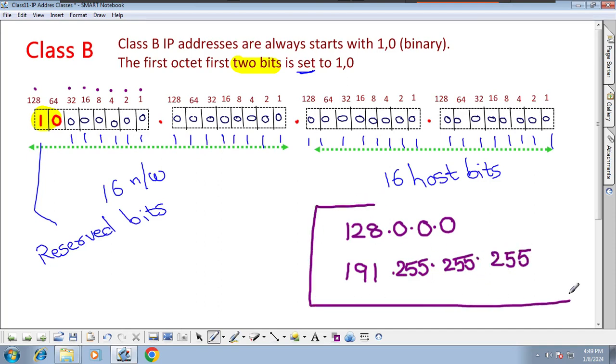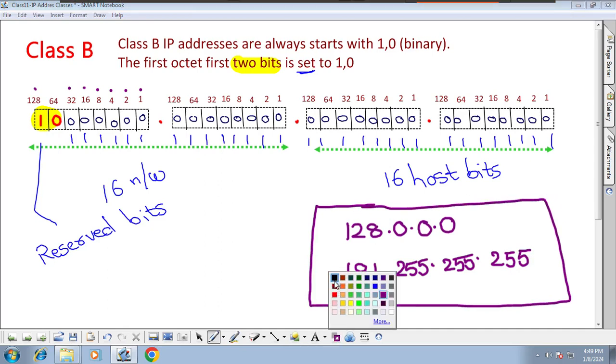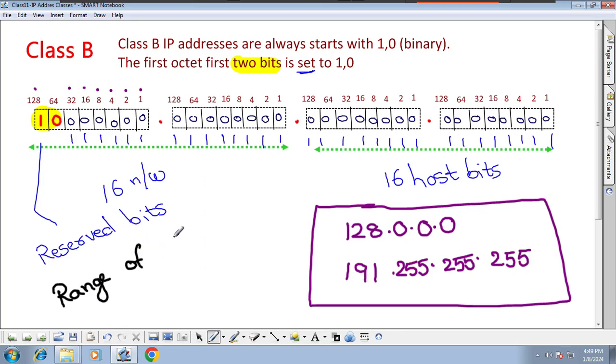So this is the range of class B networks, or we can say class B IP addresses. So this is class B. Then what is the thumb rule of class B? The thumb rule of class B is that the first octet's first 2 bits are set to 10. That is the thumb rule.